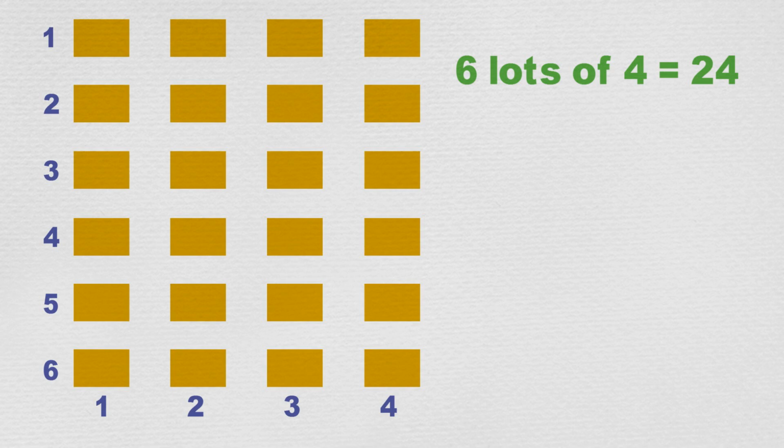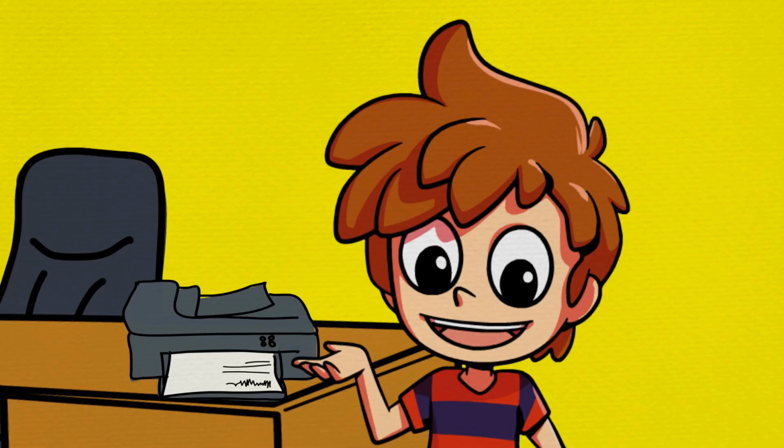"We found that 6 lots of 4 is the same as 4 lots of 6, which equals 24. In maths," continued Max, "we can get so many lots of a number using addition, like we did when we counted the desks.